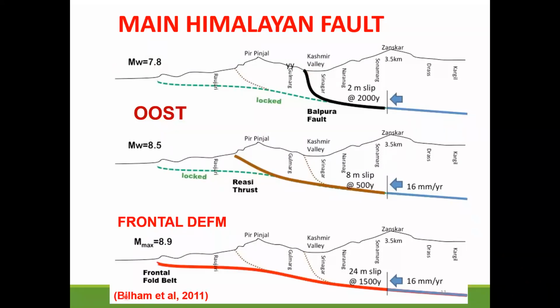This is work from Willem. And if you have higher slip accumulation over this period of time at this rate, then you could drive this further down here, and that would generate almost a great earthquake, which is 8.5. The largest earthquake would be generated when you can drive the slip all the way to the front.